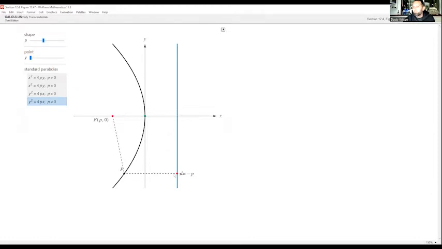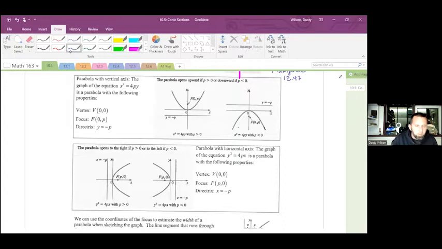In this top box, we look at a parabola with a vertical axis. That would be this vertical axis here. And so this would be the graph of the equation x squared equals 4py. That's where our y equals x squared is coming from in our world.